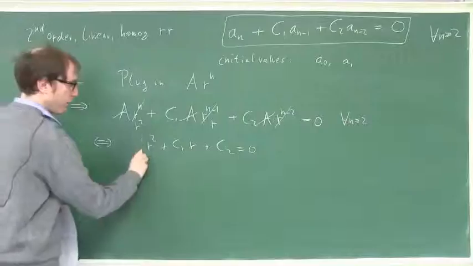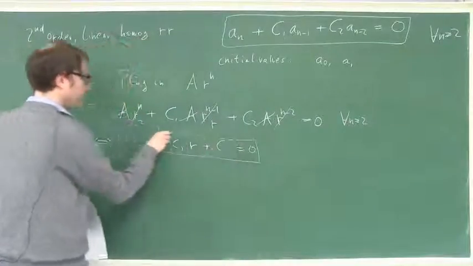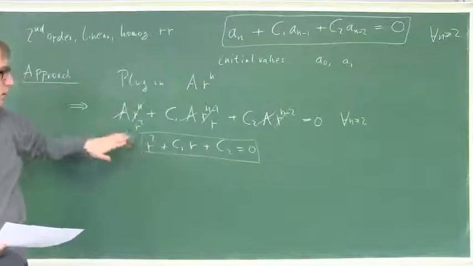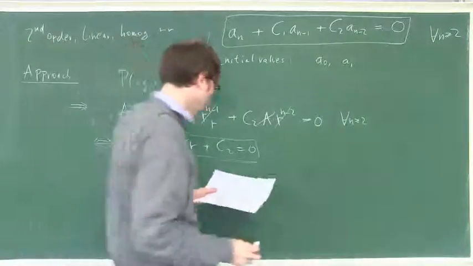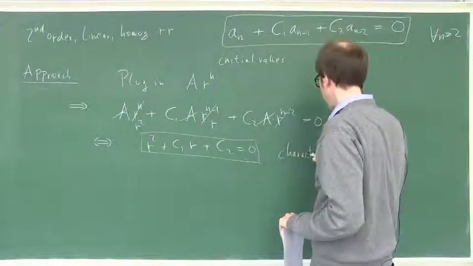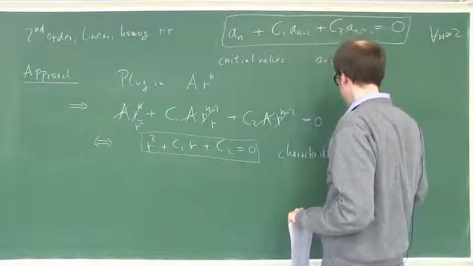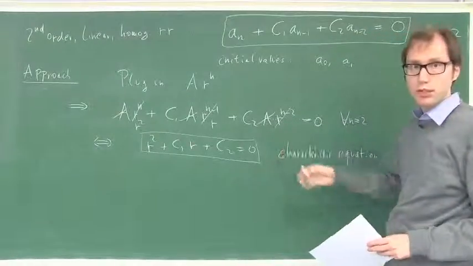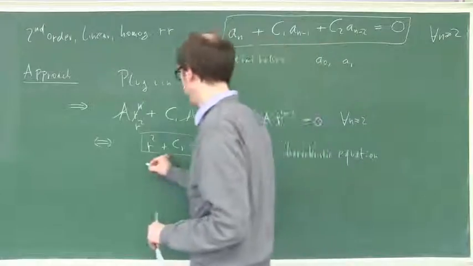And this is an important equation, and you see it's very easy to get this equation from up here. So it's a quadratic equation, and this is called the characteristic equation. And its roots are called the characteristic roots.